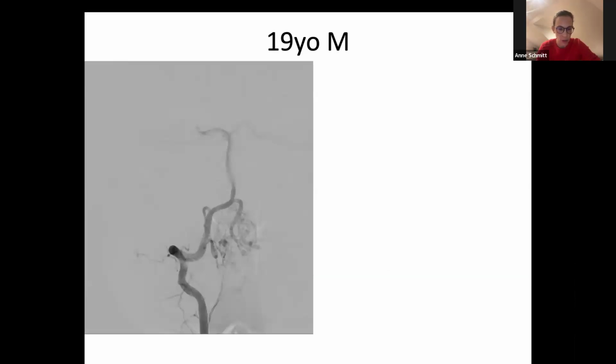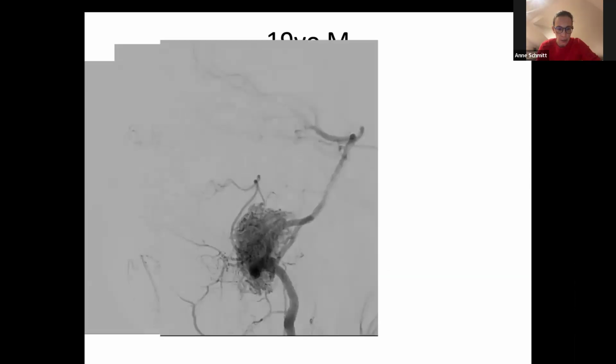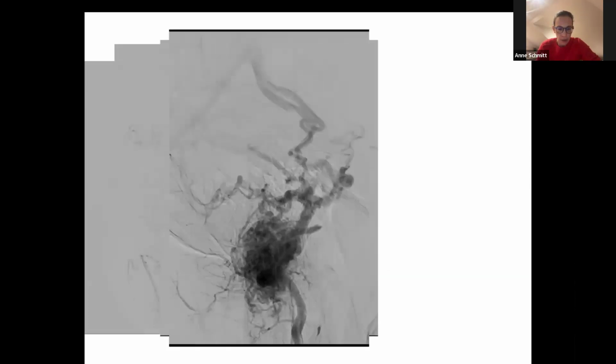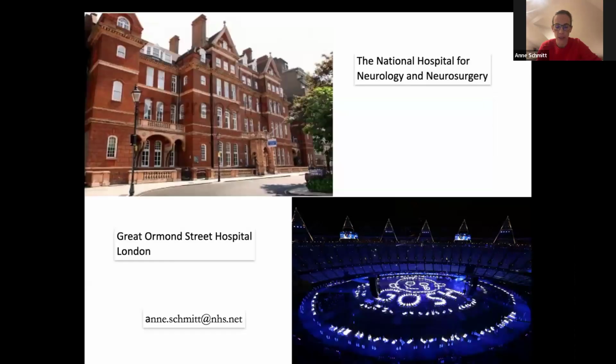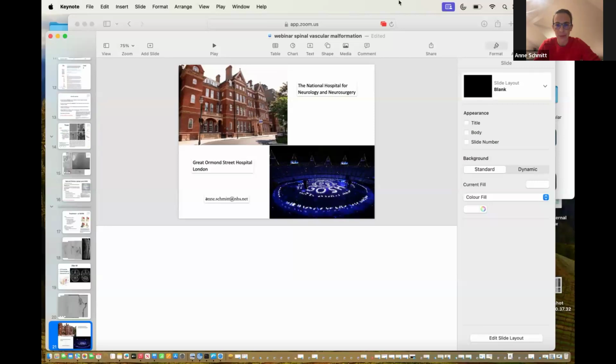There's bilateral vertebral supply with intracranial and also drainage along the spinal cord. And then there is this small aneurysm, which, by the looks of it and analyzing the cross-sectional imaging and the angiography, is probably the bleeding point of the lesion. So that seems to be our next challenge.